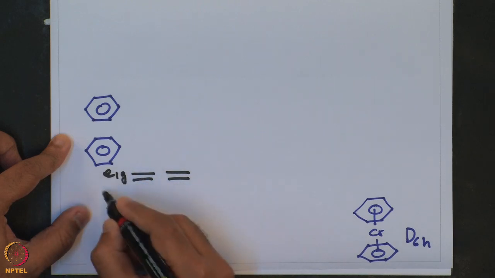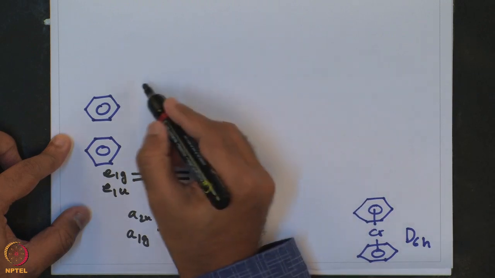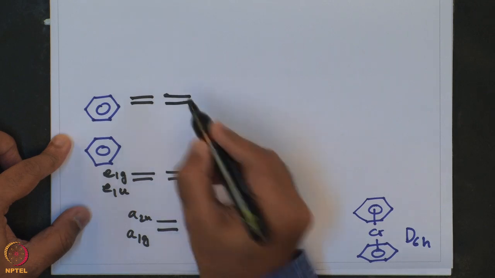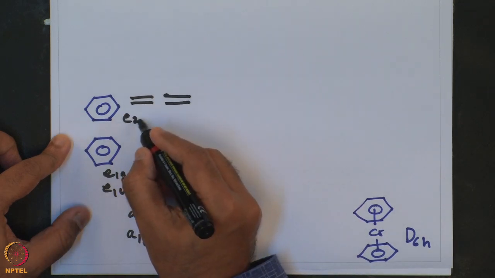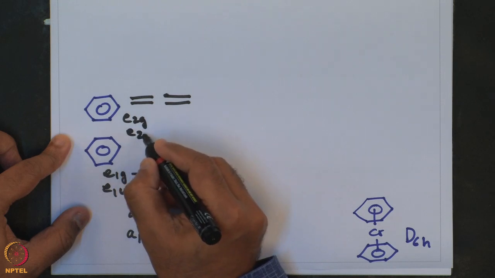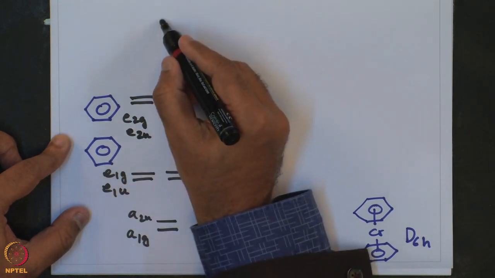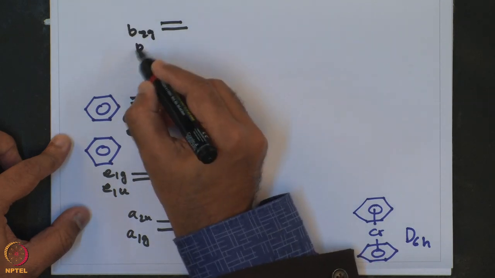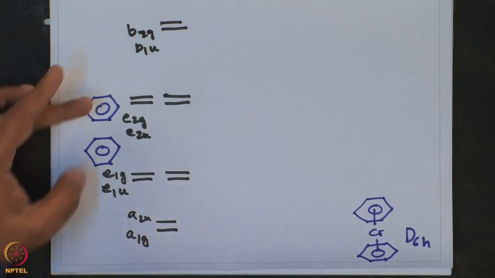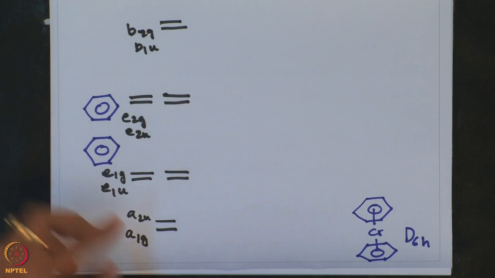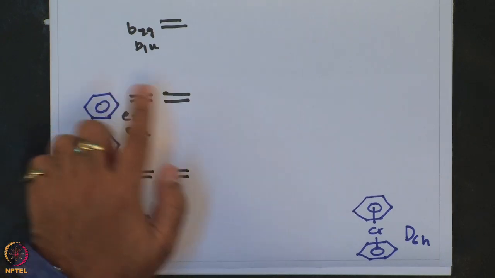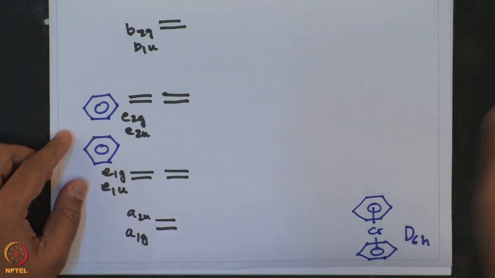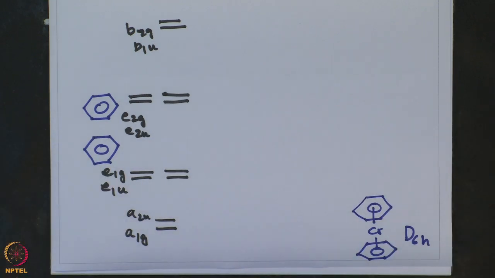Similarly, E1g and E1u. This will be E2g and E2u, and finally B2g and B1u. So, each ring has 12 sets of orbitals, 2, 4, 6, 8, 10, 12, of gerade and ungerade symmetry.